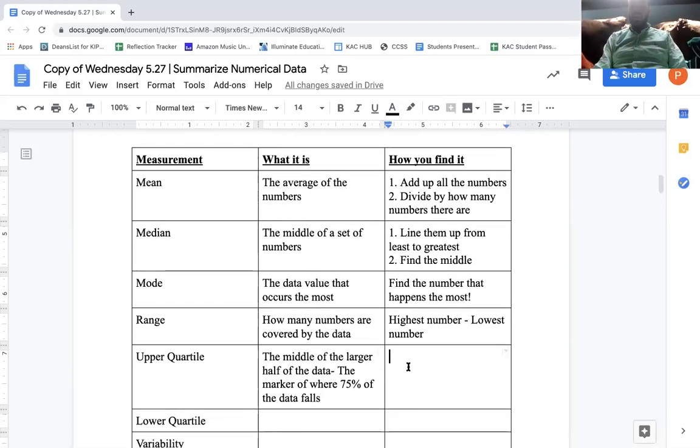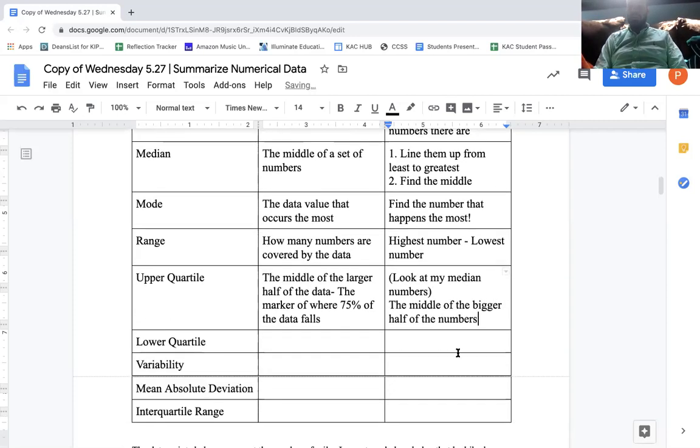How do I find it? I'm going to look at my median line. Because remember, you always have to do the median first. And then it's the middle of the bigger half of the numbers. And we'll look at an example of how you do that below.